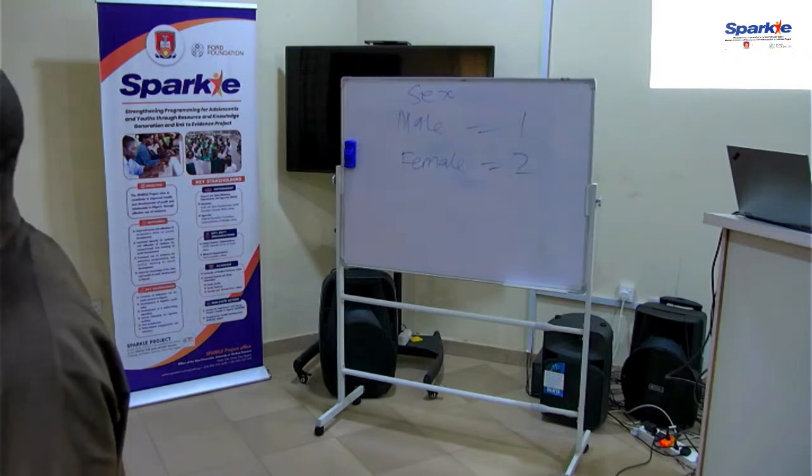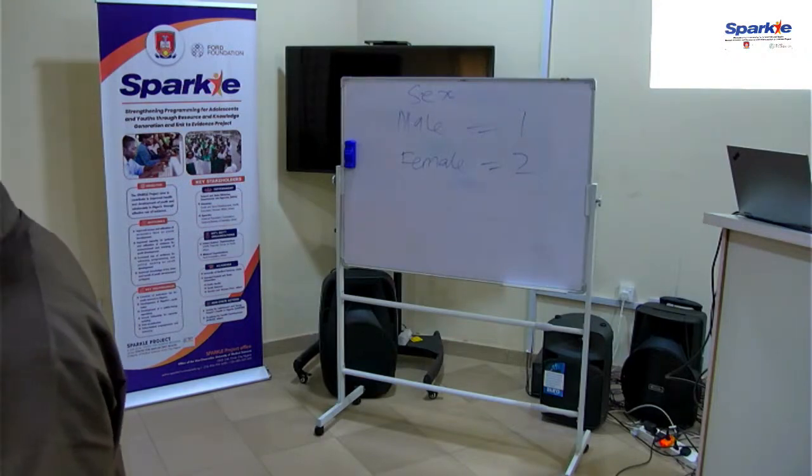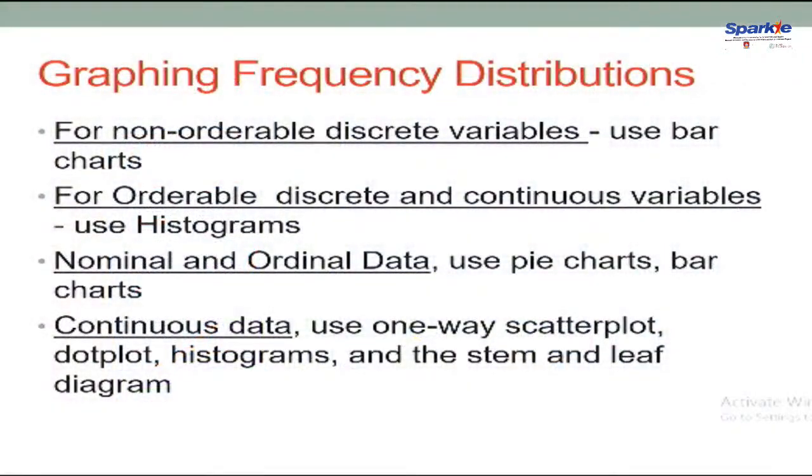That is why it is non-orderable. The 2 does not make sense in the literal sense of it. So you can safely use a bar chart. Please just pay attention to this so that you don't just use the diagrams anyhow. For non-orderable, like religion.